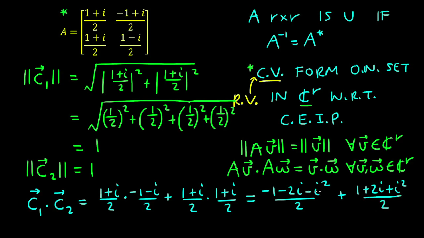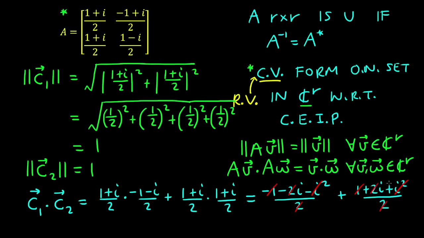So minus i squared is minus minus 1. So therefore we have minus 1 plus 1 is 0. And i squared is minus 1. So we get 1 minus 1 is 0. And therefore minus 2i on 2 is minus i. And 2i on 2 is i.